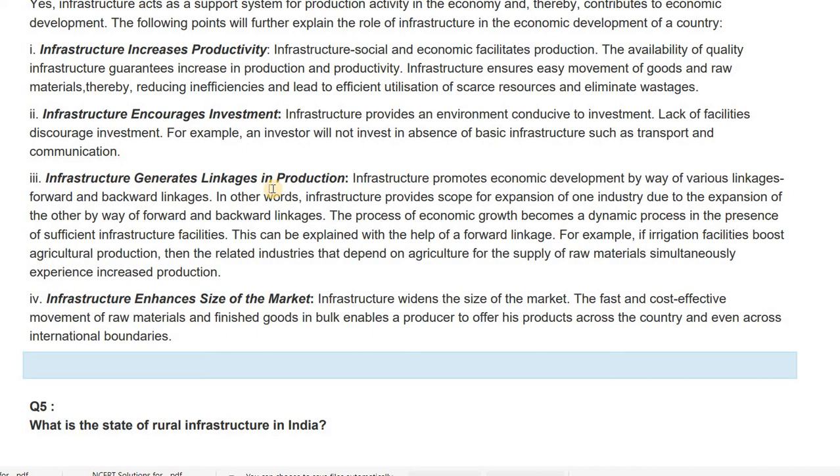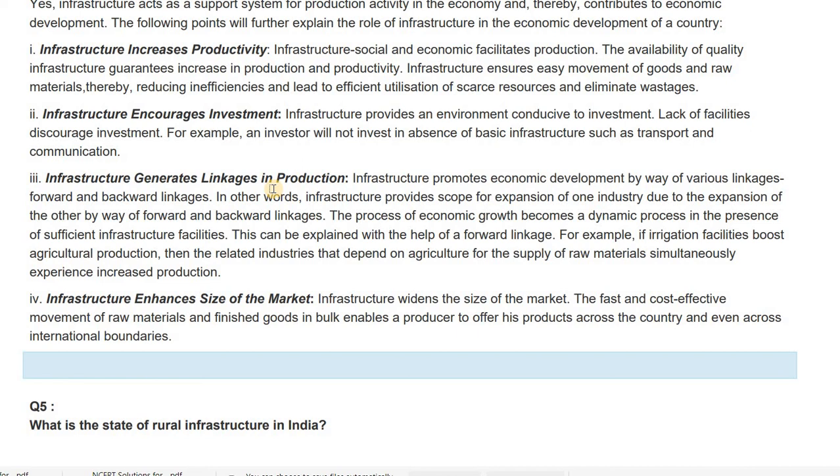Next point, infrastructure enhances the size of the market. Infrastructure widens the size of the market. The fast and cost-effective movement of raw materials and finished goods in bulk enables the producer to offer his product across the country and even across international boundaries.